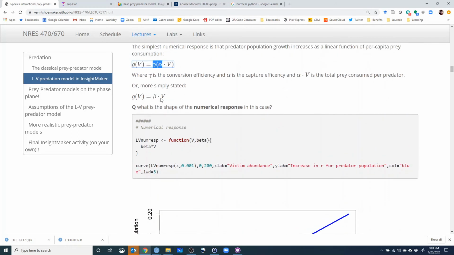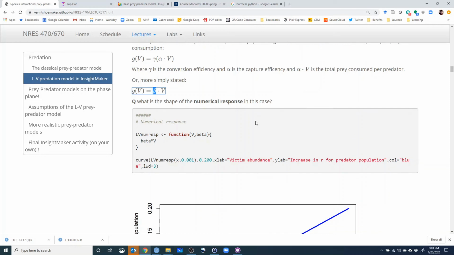So the more simple way to think about this numerical response is just to say, okay, G of V, that is the numerical response, or the degree to which the population growth rate of predators is increased for every victim consumed, is just equal to this beta constant times V, or the number of victims or prey in the landscape. That's the numerical response.